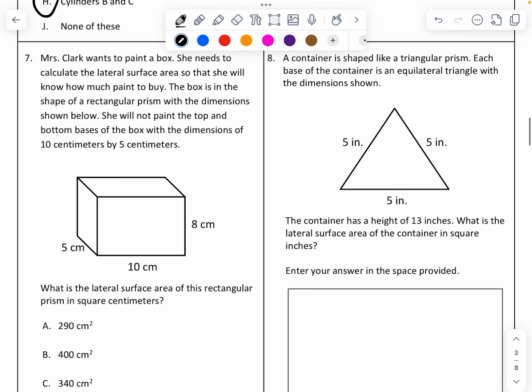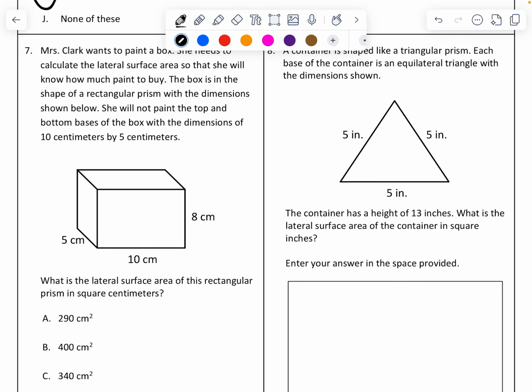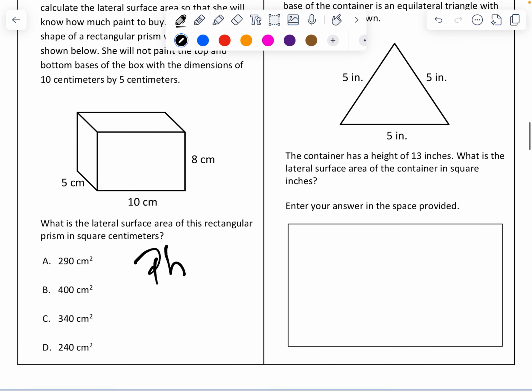All right, number 7. Miss Clark wants to paint a box. She needs to calculate the lateral surface area because she'll know how much to paint. It tells me she will not paint the top and bottom bases of the box with the dimensions of 10 by 5. Okay, and since she said that, we're doing the lateral, which is capital PH, and it's wanting me to use the 10 and the 5, so it's actually saying that this is the base right here.